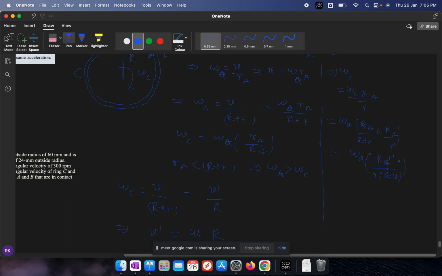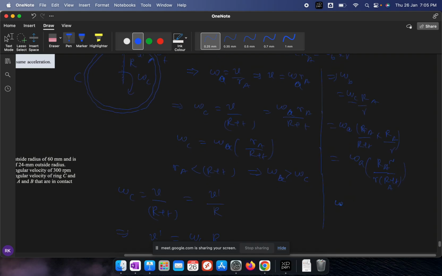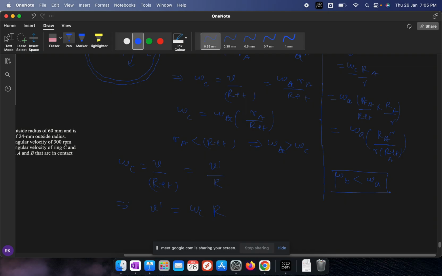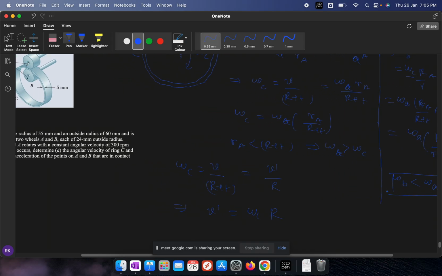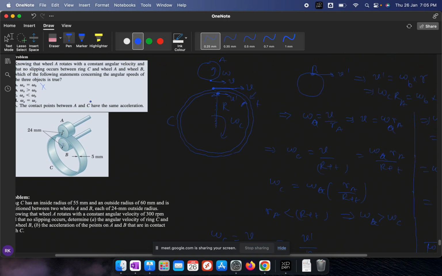Here you can see that Ra is a square, and you are dividing with a lesser quantity, so surely omega B is less than omega A. So this one is the correct answer.